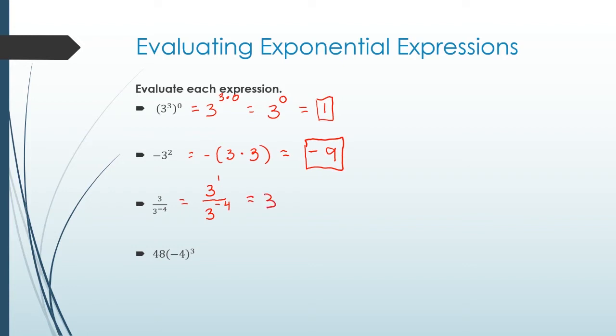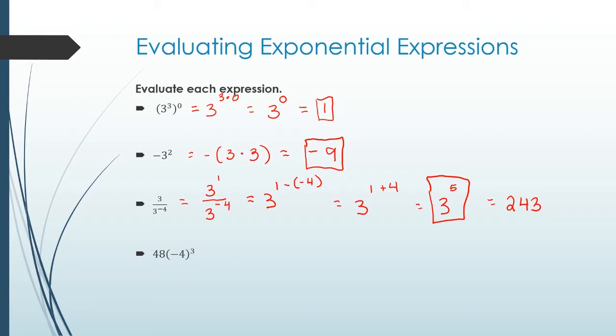So this is 3 to the 1 minus negative 4. Now, if you're subtracting a negative, that's same as adding. So that is 3 to the 1 plus 4. So that is 3 to the 5th power, which I don't know what that is. I only know up to 3 to the 4th. So it'd be 81 times 3, 243. So if you wanted to evaluate that, that would be 243.